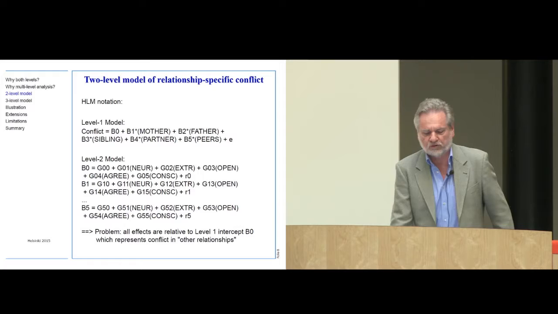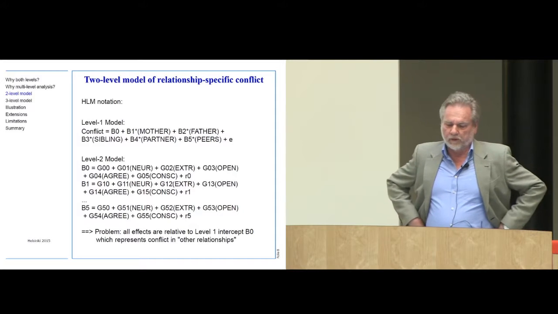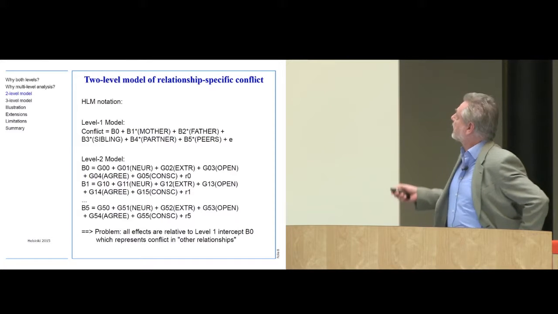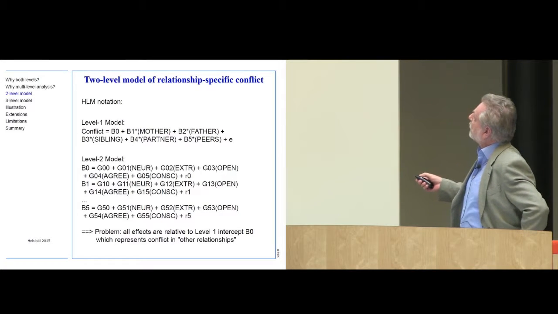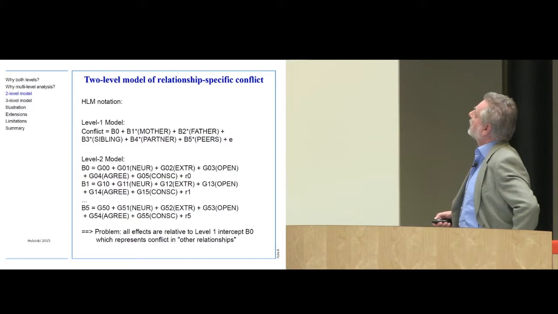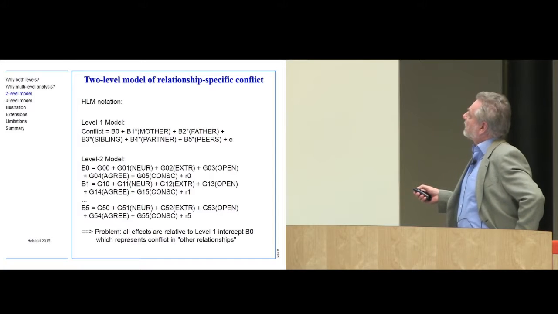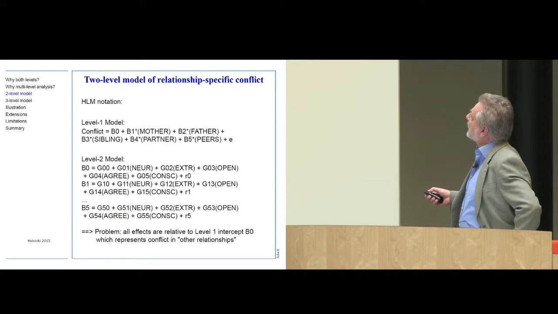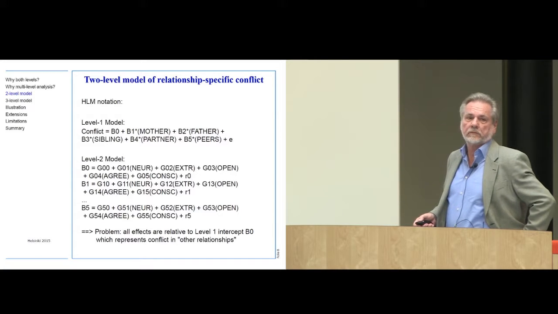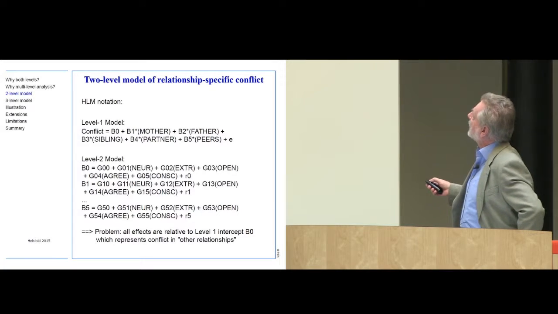So this is the HLM notation of this two-level model of relationships. It's simple. You have the level 1 model: conflict is predicted by these dummy variables, and then you have the error at level 1. And you have the level 2, where you predict each of those coefficients by the big 5 scores, and then you have residuals here.